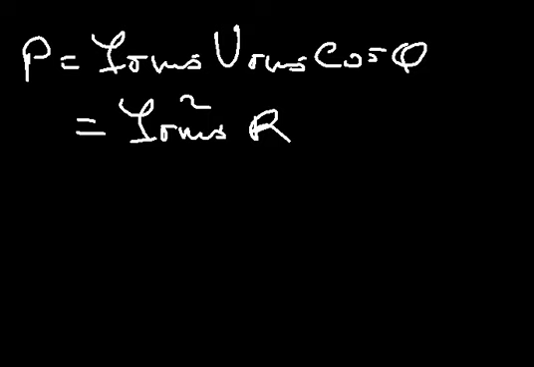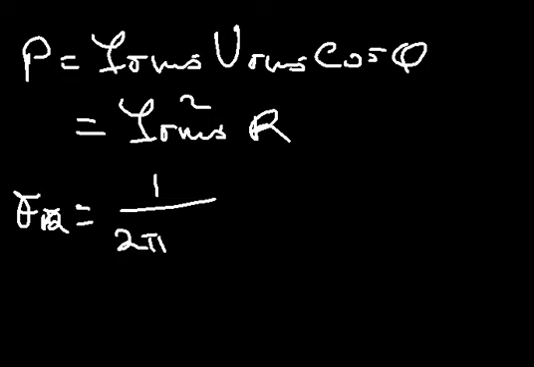And we also have to understand the resonance frequency. The formula for the resonance frequency can be given as f subscript R is equal to 1 over 2 pi times the square root of LC, where L is the inductance and C is the capacitance.